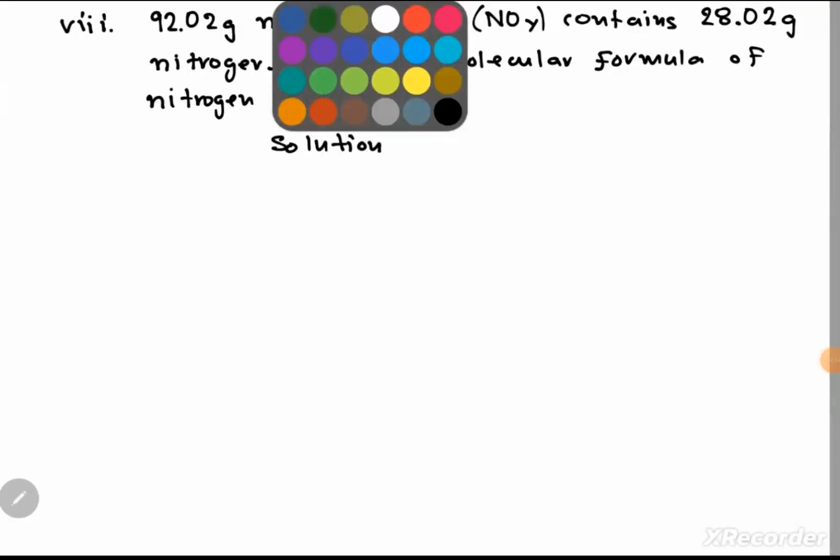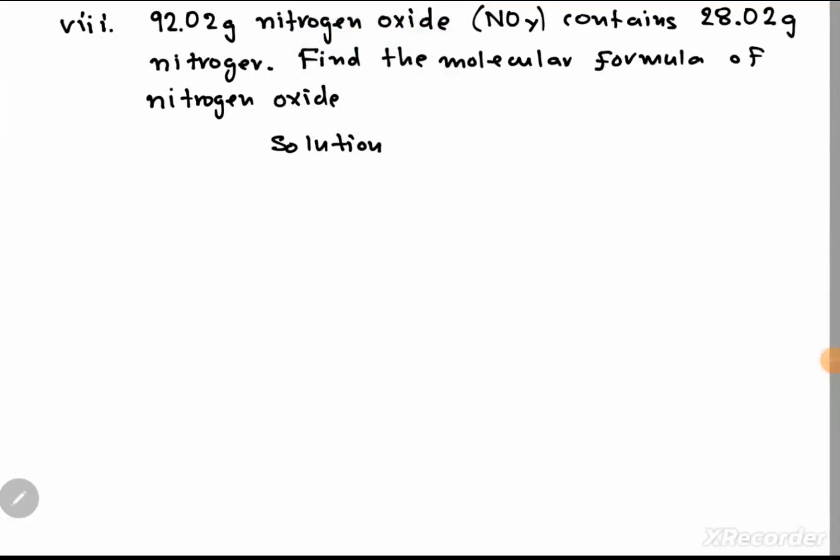We have grams of nitrogen oxide, so we have first MR. For nitrogen oxide, MR is equal 14.01 plus 1 times 1 plus 16 times Y.